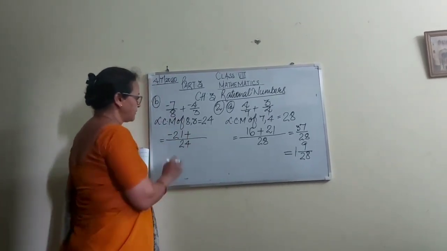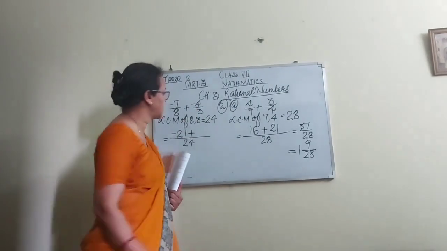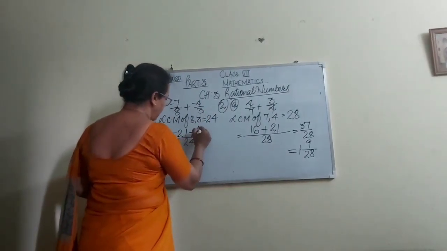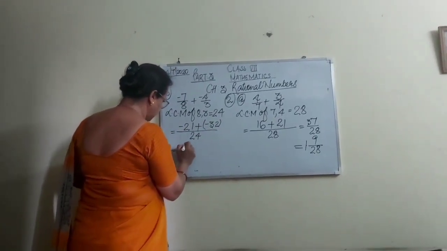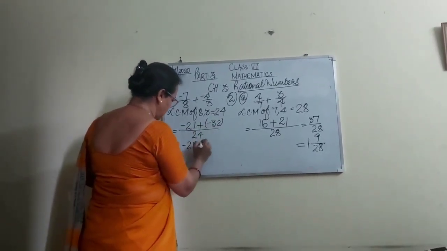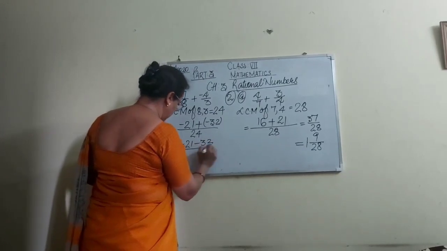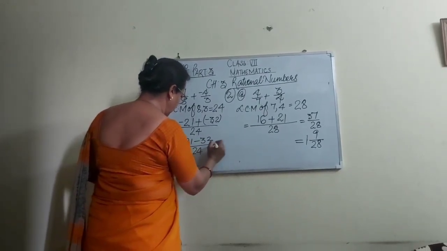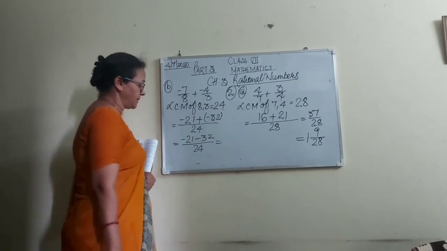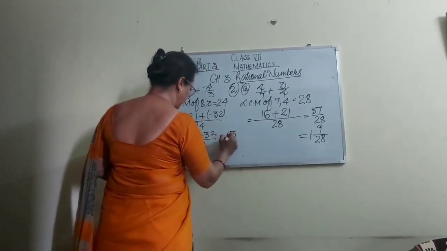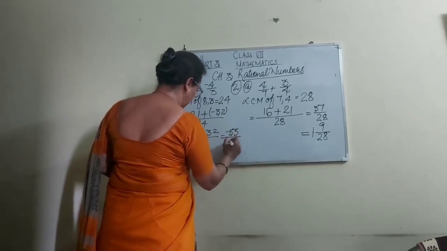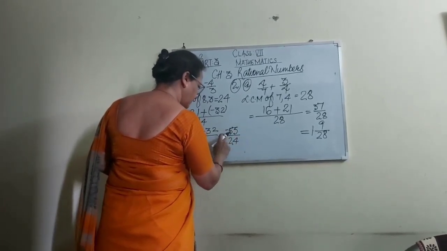Plus 24 divided by 3 is 8. 8 into minus 4 is minus 32. Can we write minus 21 plus minus 32 by 24? Minus minus will be plus. 2 plus 1 is 3, and 3 plus 2 is 5. Minus 53 by 24. That's right.